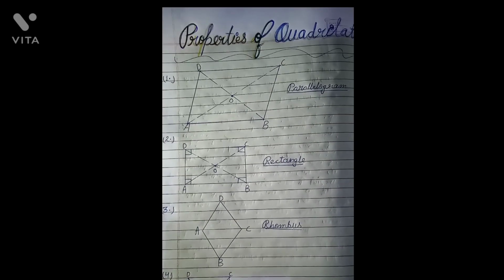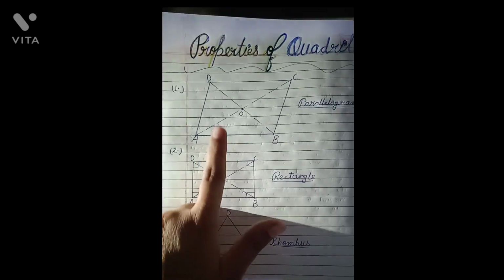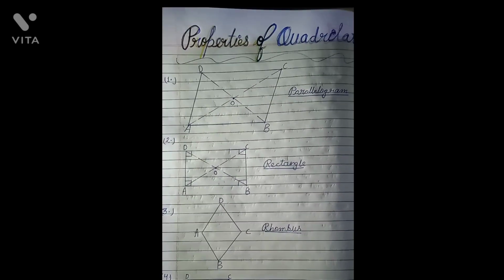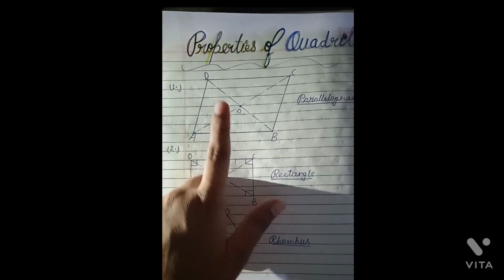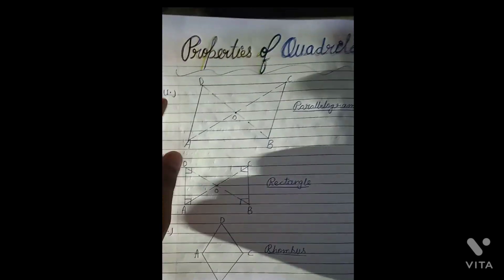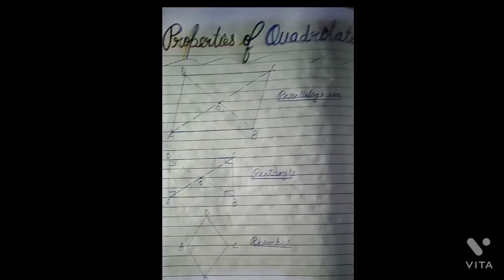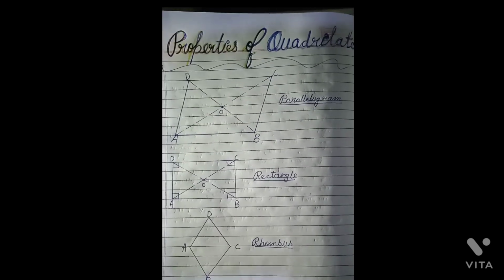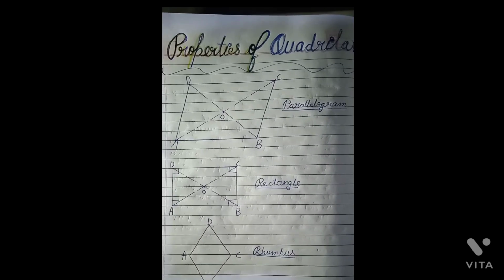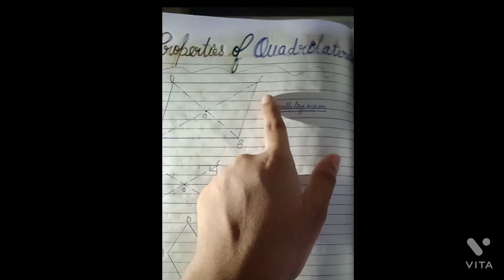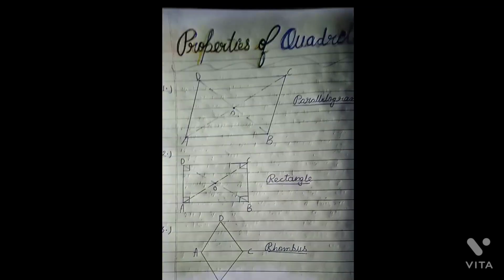In a parallelogram, AB is equal to CD and BC is equal to AD because opposite sides are equal, and also AB is parallel to CD and BC is parallel to AD because opposite sides are parallel as well. The second point is that opposite angles are equal. That means angle A is equal to angle C and angle B is equal to angle D.